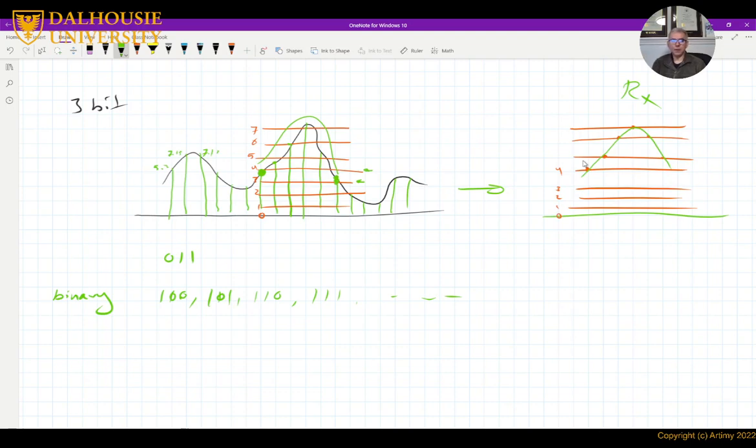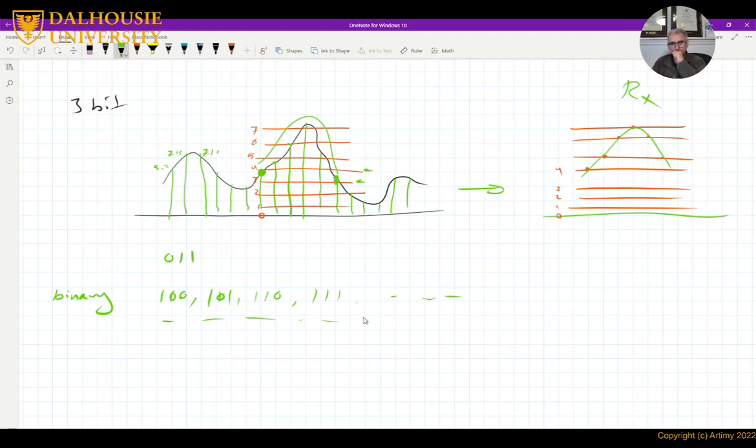All the receiver knows is these levels, 4, 5, 6, 7, and so on. So this quantization introduces an error called quantization error because of the mismatch between the actual amplitude of the analog signal and the quantization. Right? So that's one of the prices that we have to pay when we convert an analog signal to a digital one. Okay, that's the first thing I need to know.